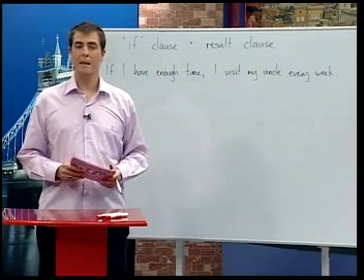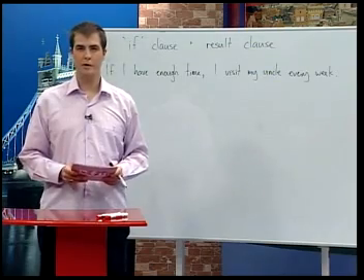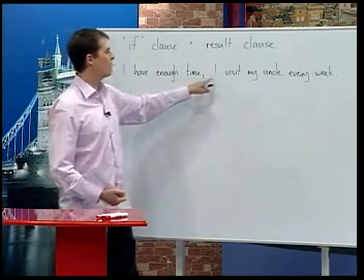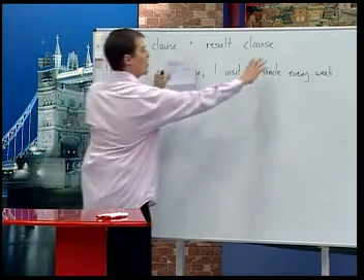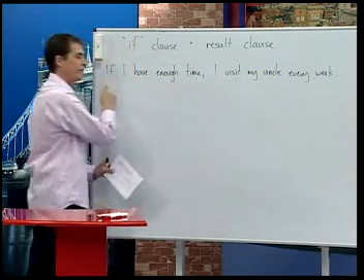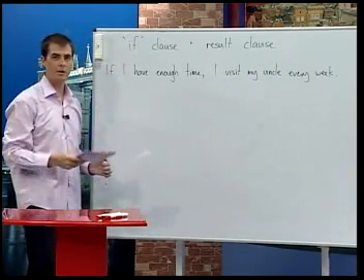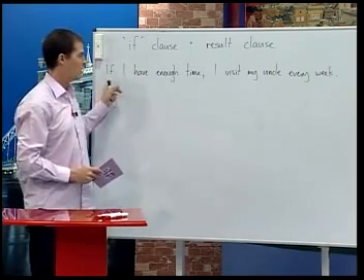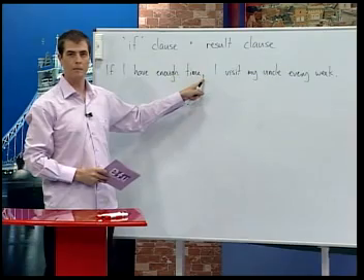Okay, now a sentence can begin with the if clause or the result clause. In other words, we can have, if I have enough time, I visit my uncle every week, or we can change it: I visit my uncle every week if I have enough time. That's okay. When we begin a sentence with if, we must have the comma.